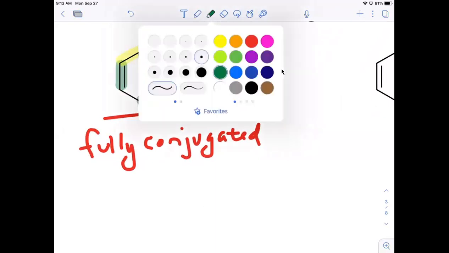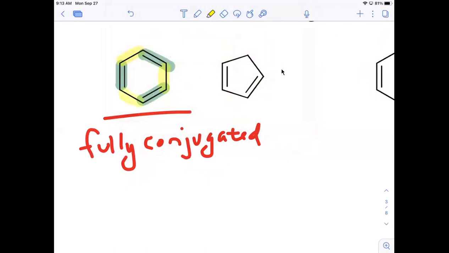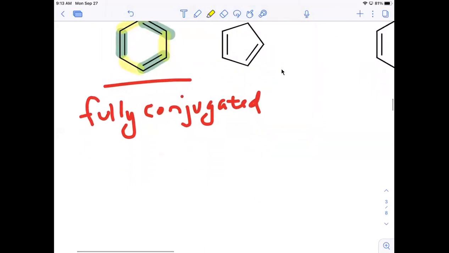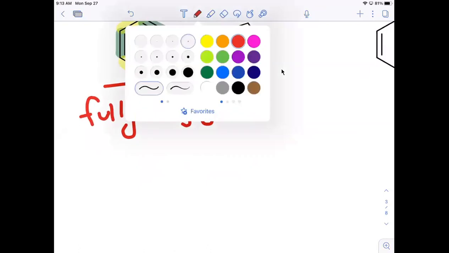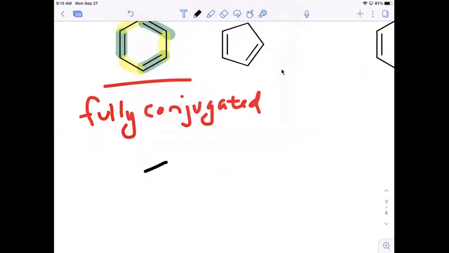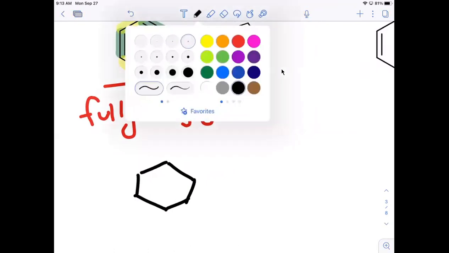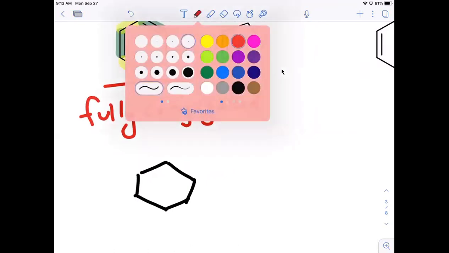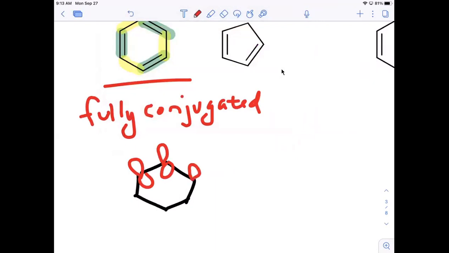And what that means basically is that there's a p orbital on every carbon. So if I were to draw out this benzene like so, every one of those carbons in that ring will have a p orbital on it.